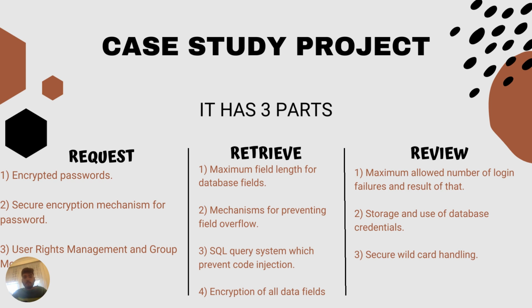So in the review, there is a mechanism for the maximum allowed number of login failures. Like users can attempt 3 login failures, and after that, the user is redirected to another page or is blocked from using that app, depending on the security measures that have been taken in the app.